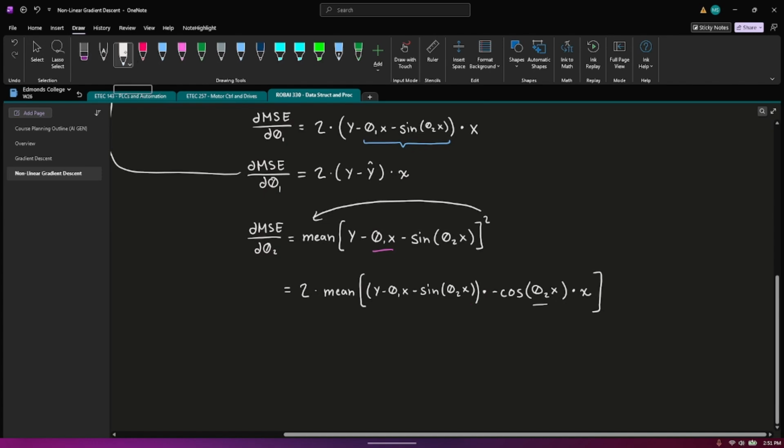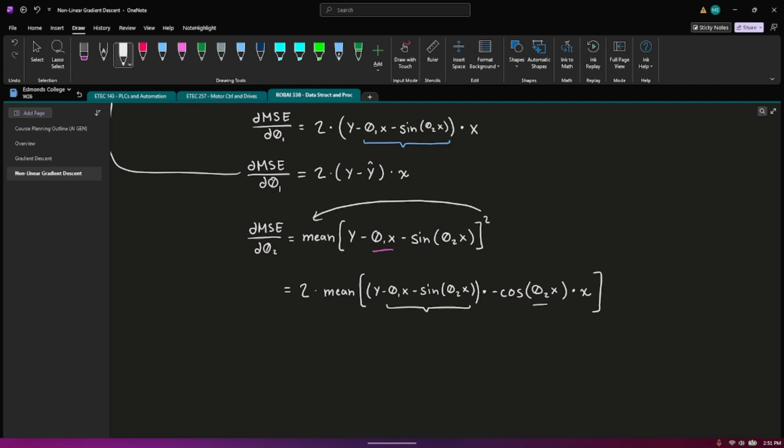You remember that this expression right here, if we factor out that minus 1, is equal to 2 times the mean of y minus y hat, that's what this is, times the negative cosine of theta 2x times x.